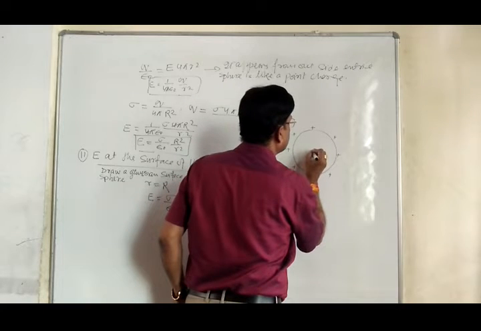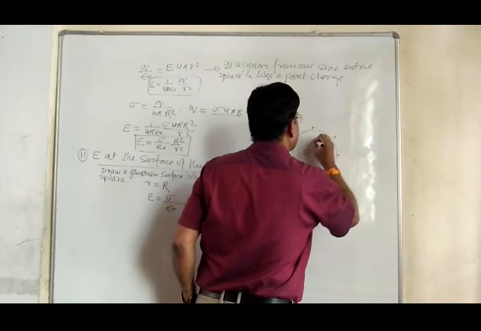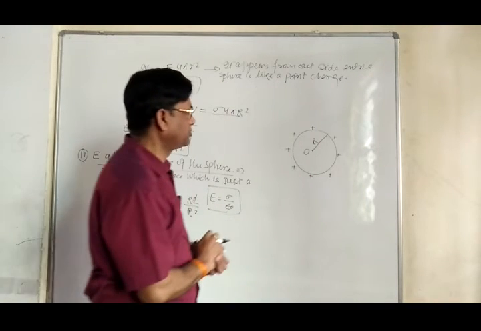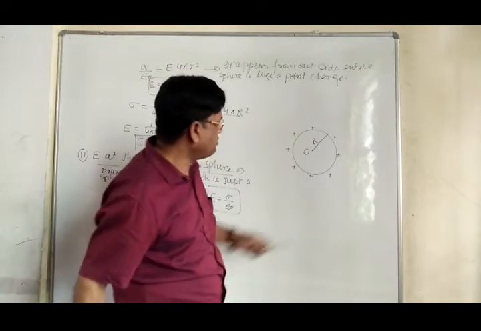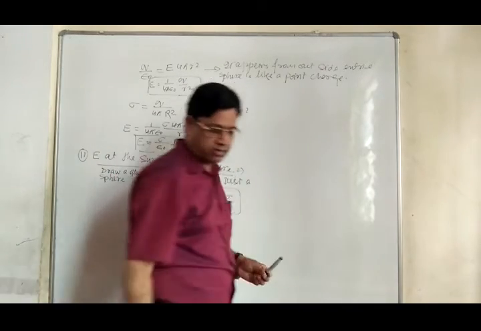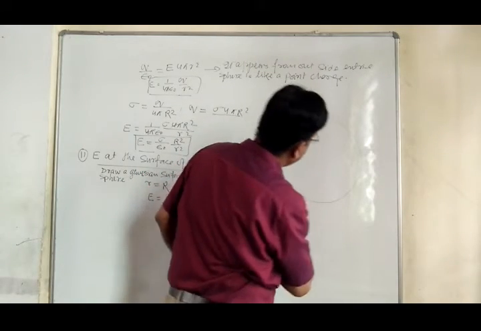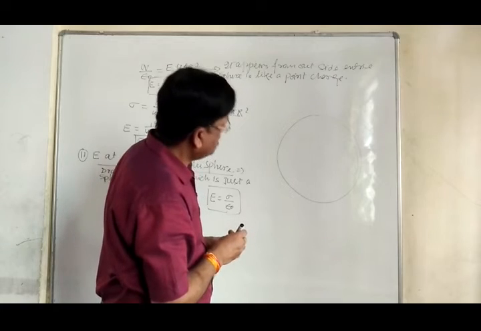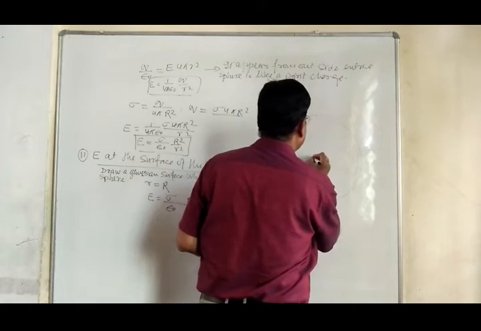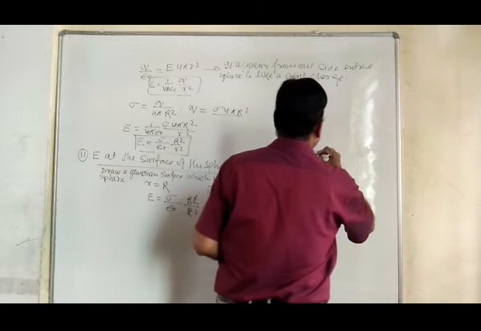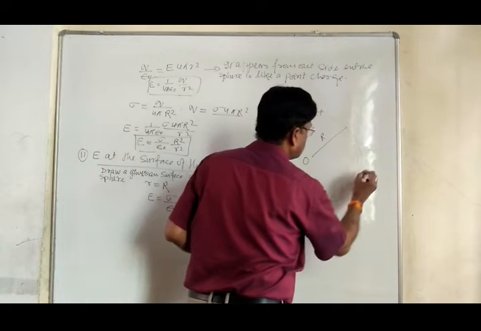Its center is O, and its radius is big R. Point P lies inside. We'll make this sphere a little larger, like this. The center O, and this distance is R. The sphere is uniformly charged.